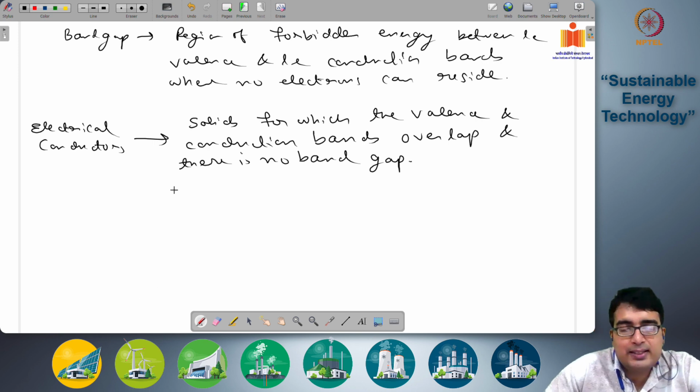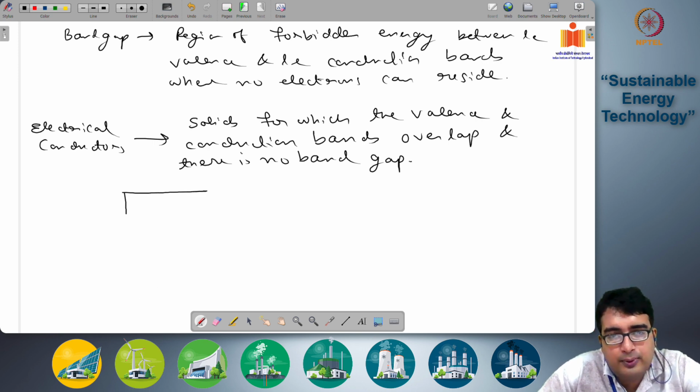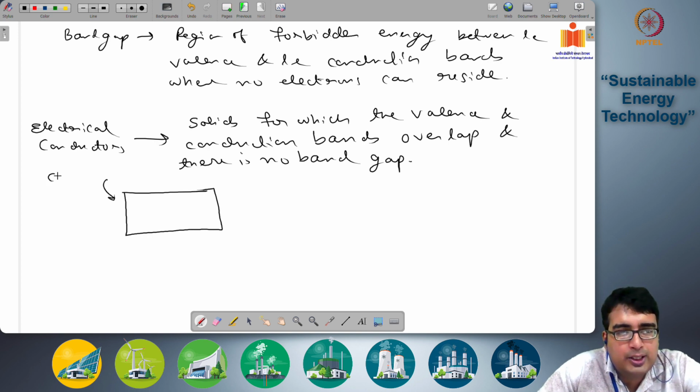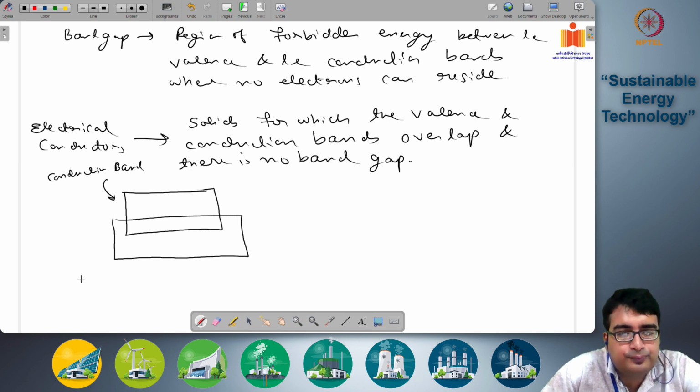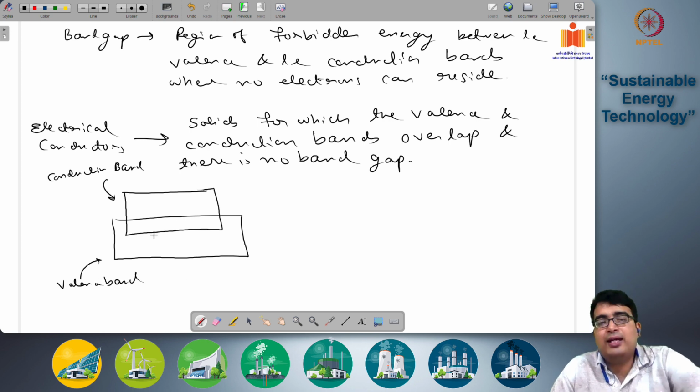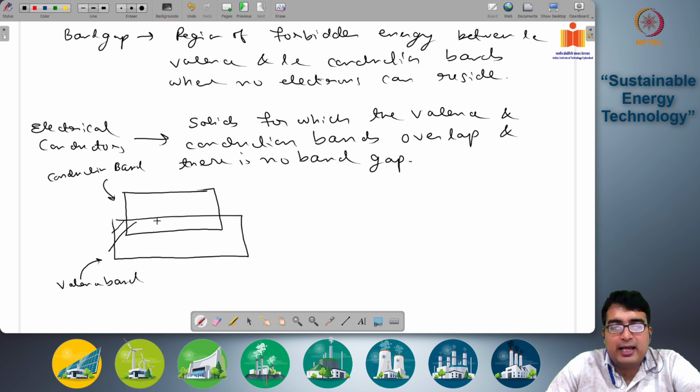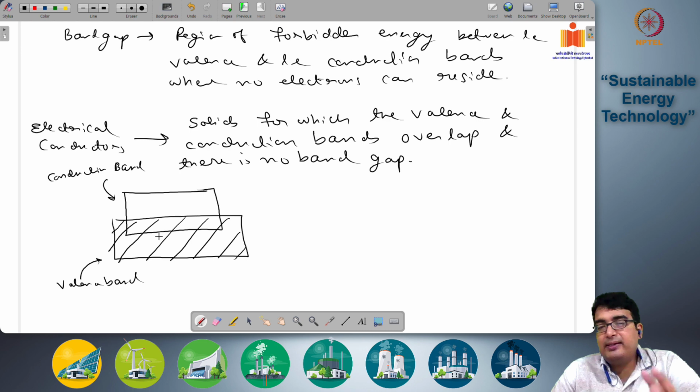So this is a case where this is your conduction band and this is your valence band. As you can see, these two bands are overlapping and the band gap between them is 0. Now the valence band is completely filled with electrons and the conduction band has no electrons typically.